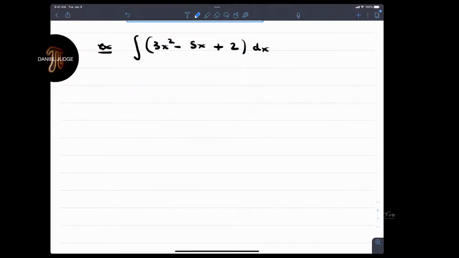Integral of a sum and difference, we do have those. Integral of 3x squared dx minus integral of 5x dx plus integral of 2 dx.